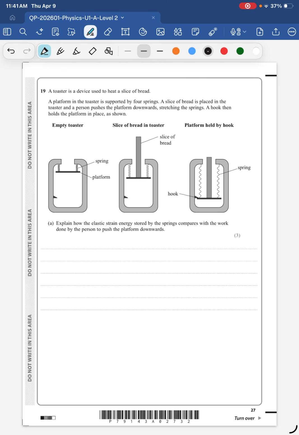Now, part A, explain how the elastic strain energy stored by the springs compares with the work done by the person to push the platform downwards.